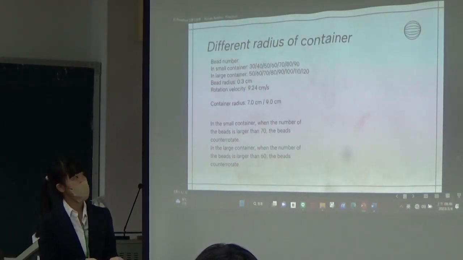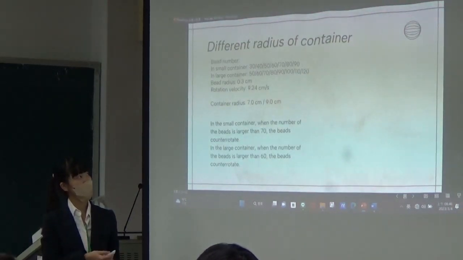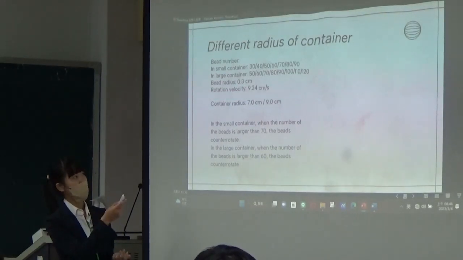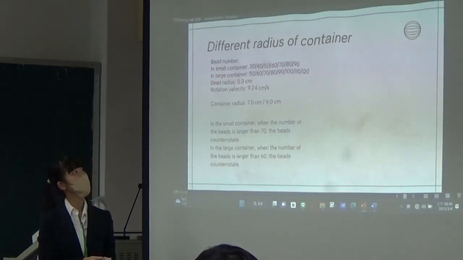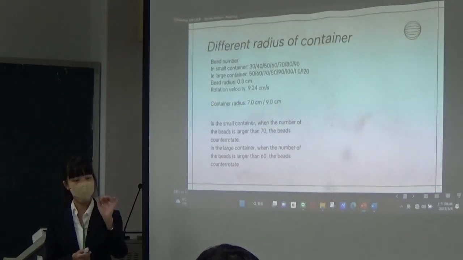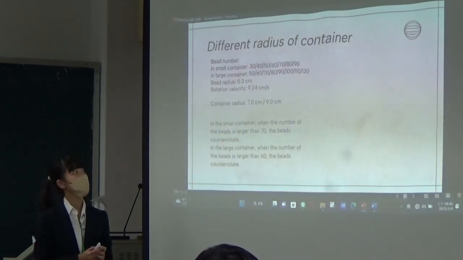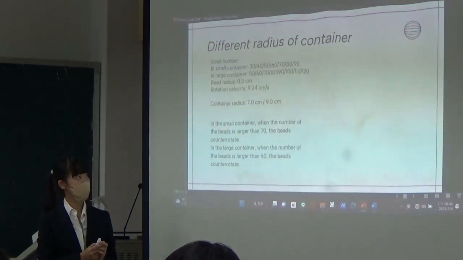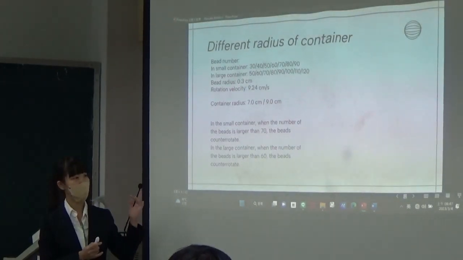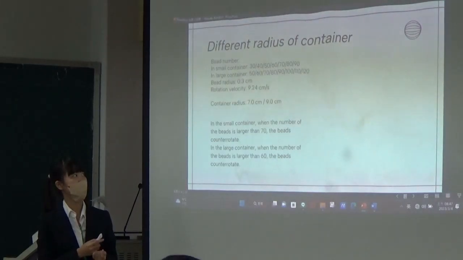And in the large container, we use 50, 60, 70, 80, 90, 100 to 120 balls. The bead radius we use is the small one, 0.3 centimeter. And the rotation velocity is fixed as the last one, 9.24 centimeters per second.